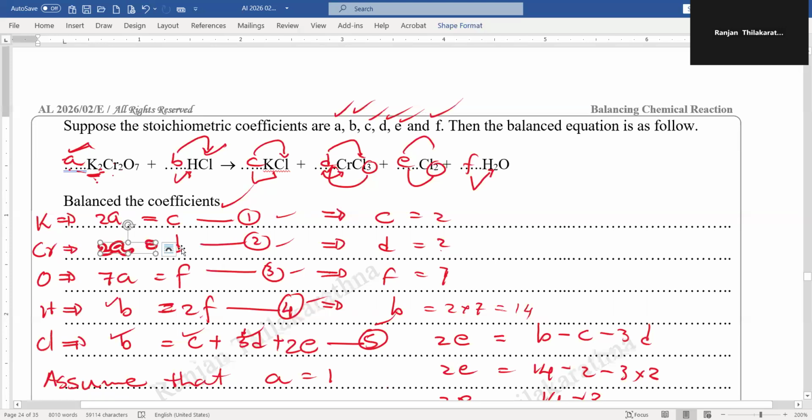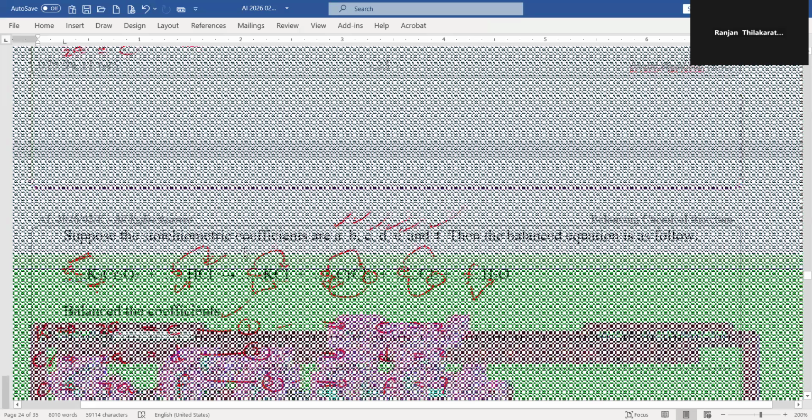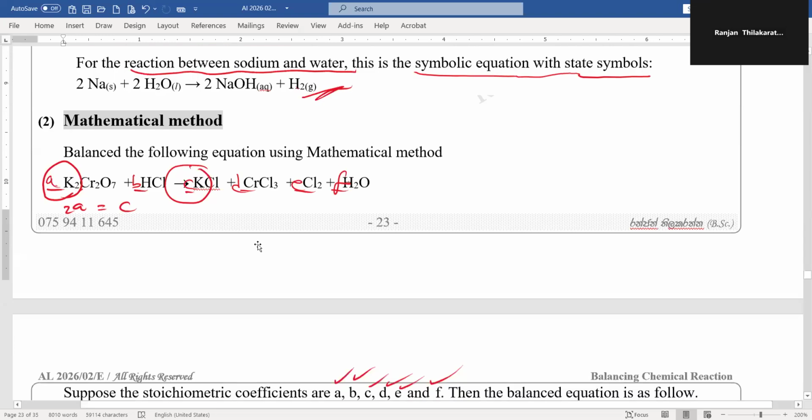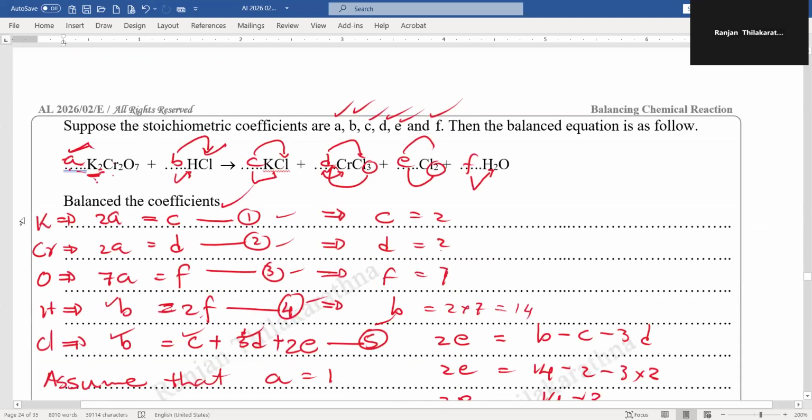On the right hand side, you have D. Chromium is only in a single place like this. Then you will get this kind of equation.